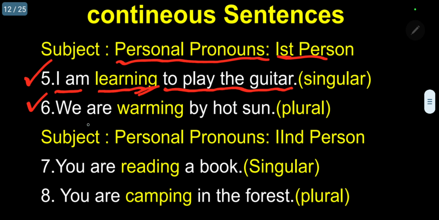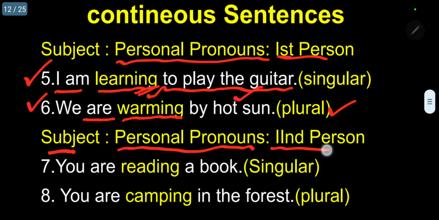Same way, plural now. First person plural now. We are warming. End letter M, the consonant R. So I am adding ing. We are warming by the hot sun. The next one, subject, personal pronouns, second person.